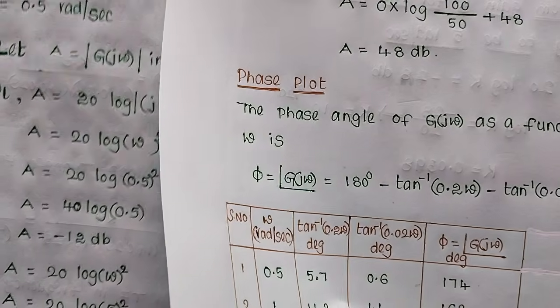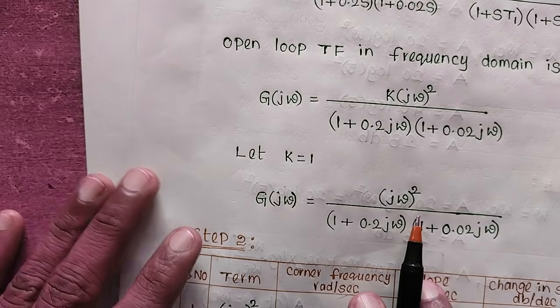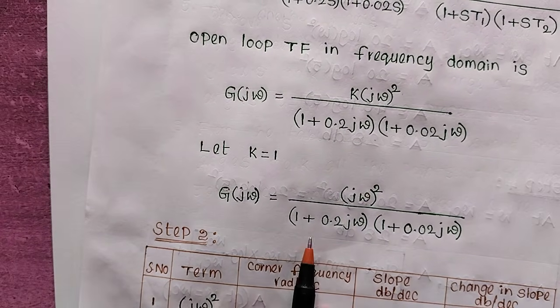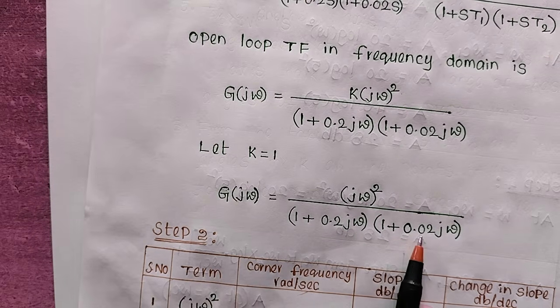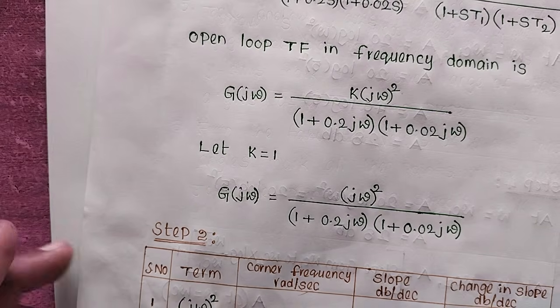If you see the transfer function in the omega domain, this phase angle is 180 degrees minus tan inverse 0.2 omega by 1 minus tan inverse 0.02 omega by 1. That becomes the phase angle of G of j omega.